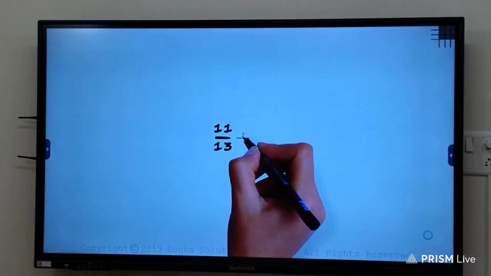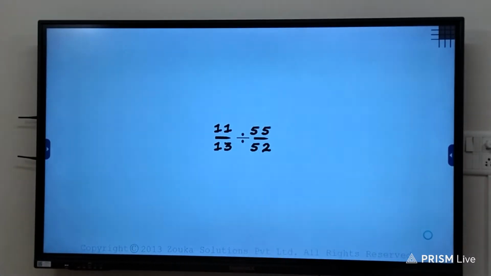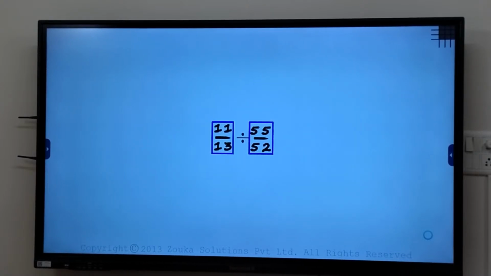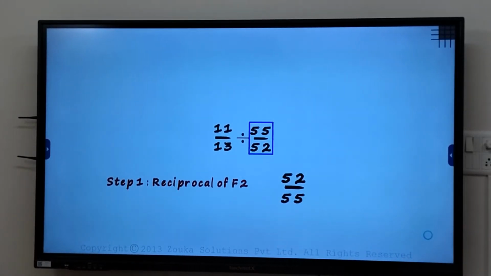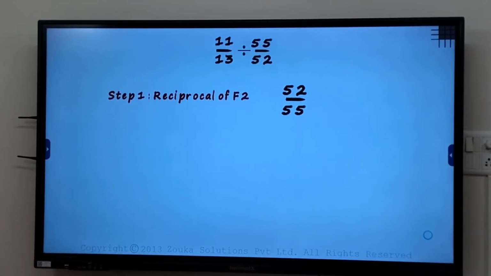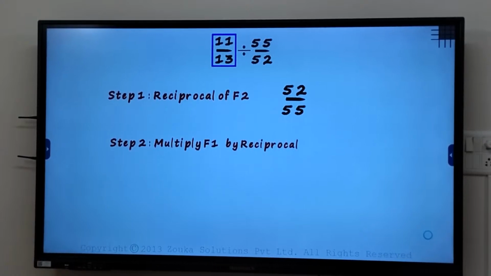We have to divide the fraction 11 by 13 by the fraction 55 by 52. As we have seen before, we follow 3 simple steps to divide two fractions. First, we take the reciprocal of the second fraction. Reciprocal of 55 by 52 equals 52 by 55. That was simple. Now for the next easy step. We multiply the first fraction with the reciprocal we got in the first step.